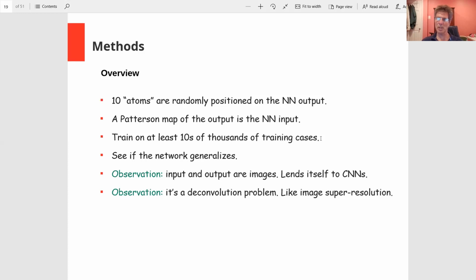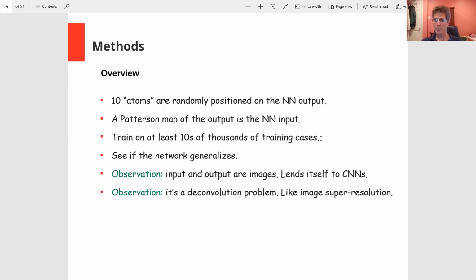Another observation is that this is a deconvolution problem, and neural networks have been applied to some deconvolution problems, like image super resolution, also called image sharpening.